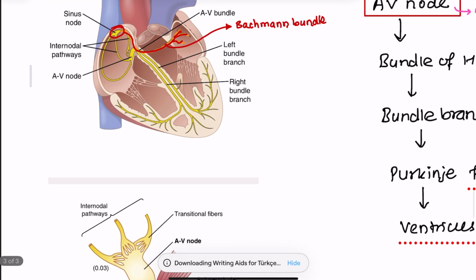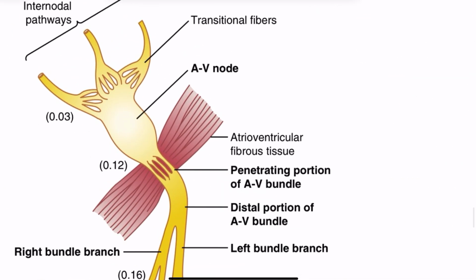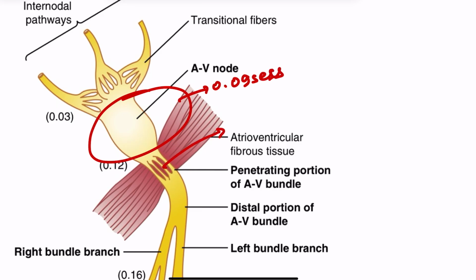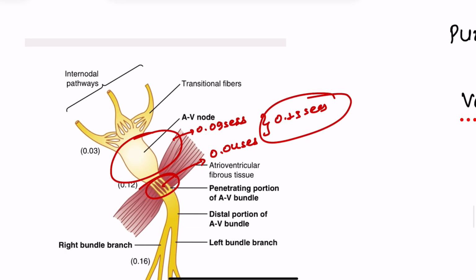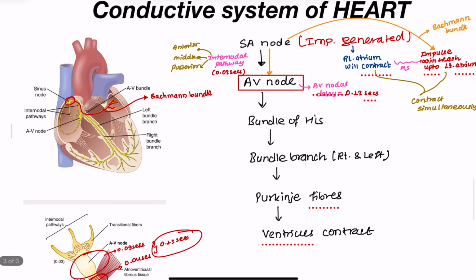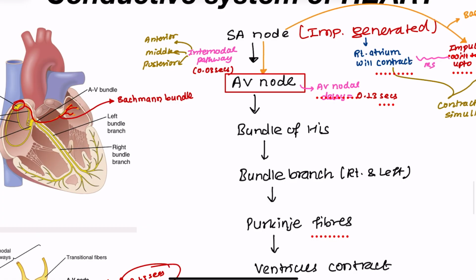After adding this 0.09 seconds delay in this AV node and around 0.04 seconds delay in the penetrating portion, it is around 0.13 seconds. So up to the AV node we are clear.